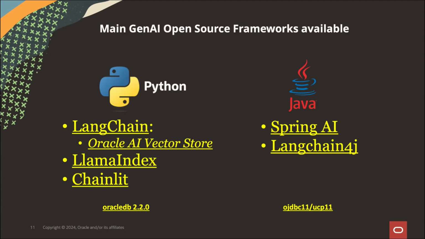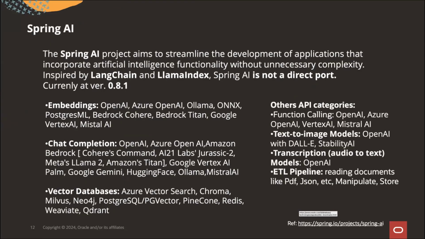Since you need a connection to the database, in this presentation I'll show how to create, for Spring AI, and leverage the capabilities inside the Oracle Database 23ai. For both, you have the JDBC library that is able to provide the vector store and the other things that we have seen in the database.